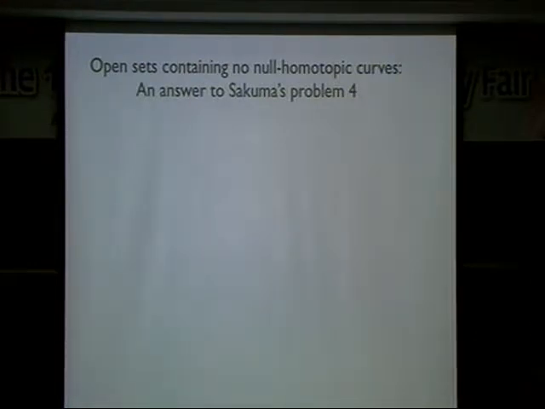So the first result is this. It's related to Sakuma's problem 4, where he asked whether there is a non-empty open set containing only non-homotopic curves in the projective measured lamination space.